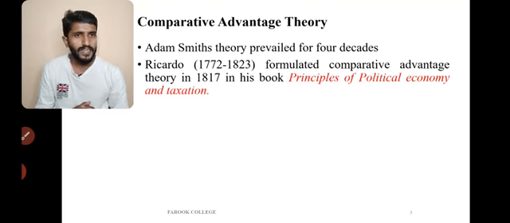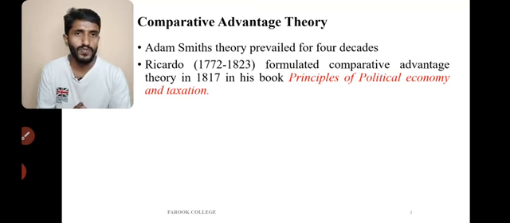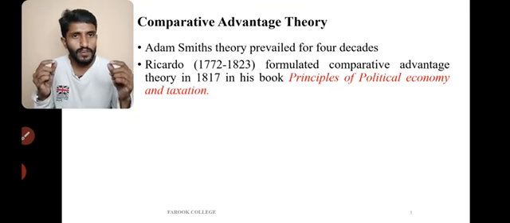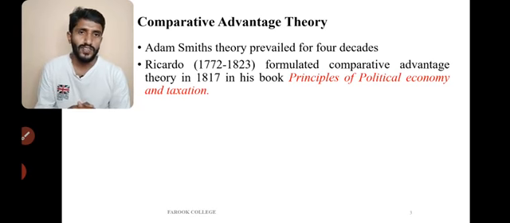So, comparative advantage theory. Adam Smith's theory prevailed for 4 decades, and that theory itself made a revolution because it was discussed so much. And we can also say that it was the first well-developed international trade theory.